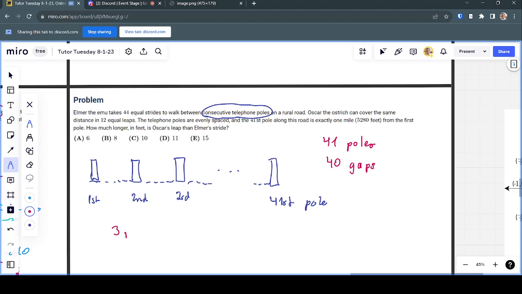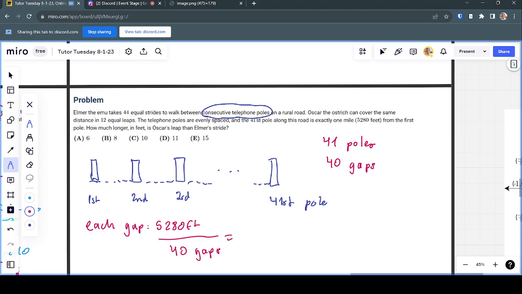So 3 poles means 2 gaps. We can extend that idea until we get to 41 poles and 40 gaps. So that means each gap is the 5,280 feet divided by 40 gaps.